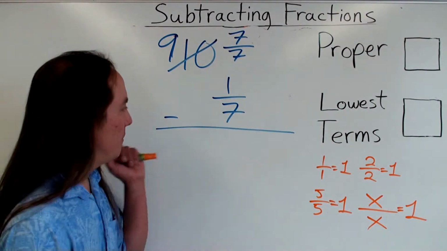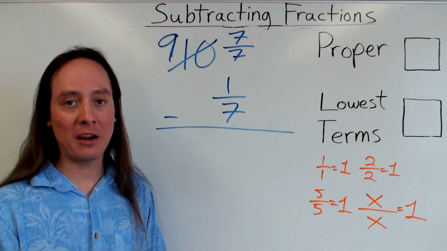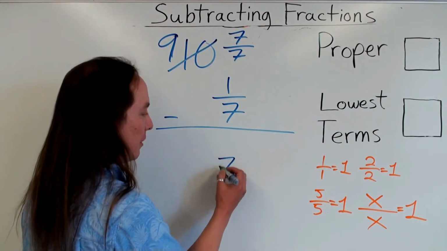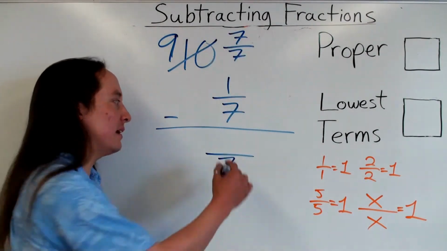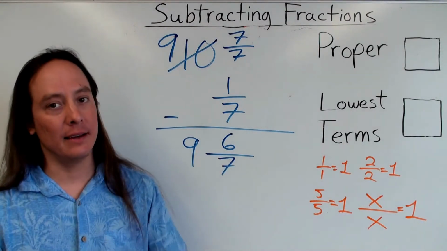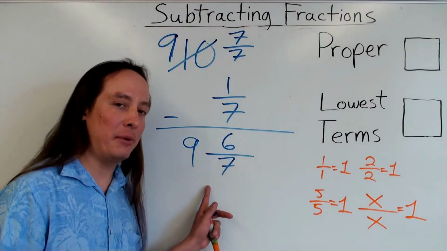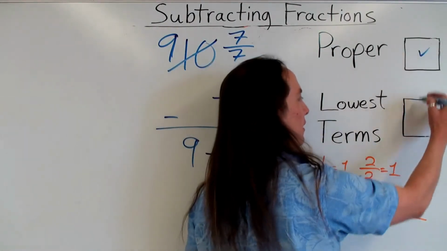Why did I pick 7? Because my fraction has a 7 in the denominator, and I need common denominators to do the subtraction. So anyway, now we have a common denominator in both fractions. And 7 minus 1 is 6. And I'll just bring down the 9 that was left over. And that's it. Of course, is 6/7 proper? Yes. Lowest terms? Yes. So check, check.